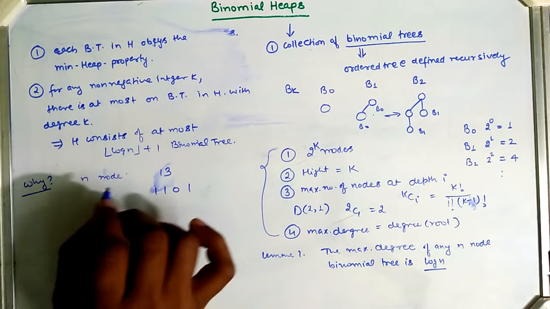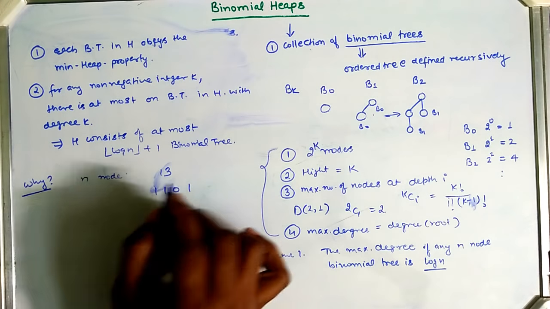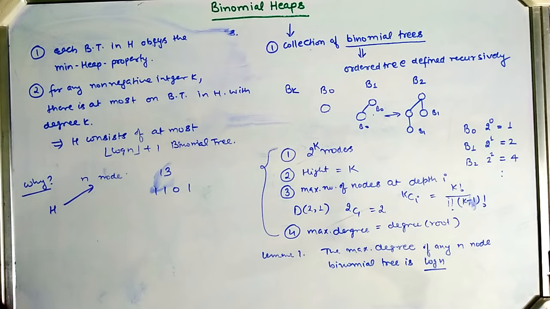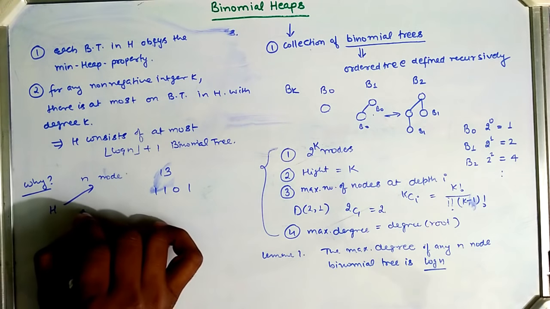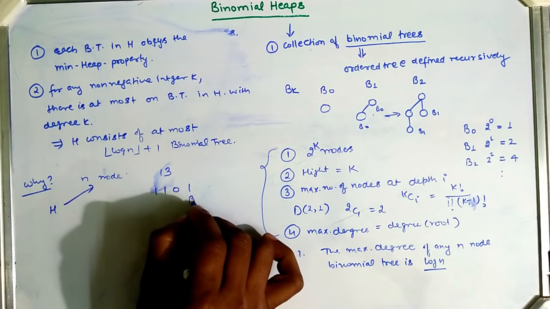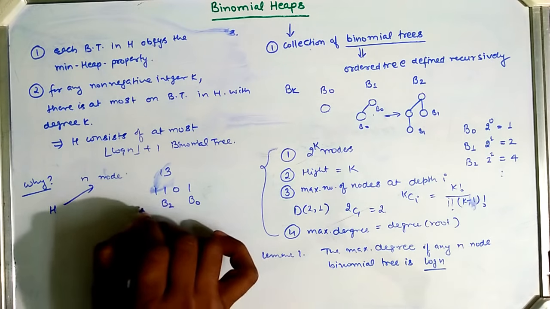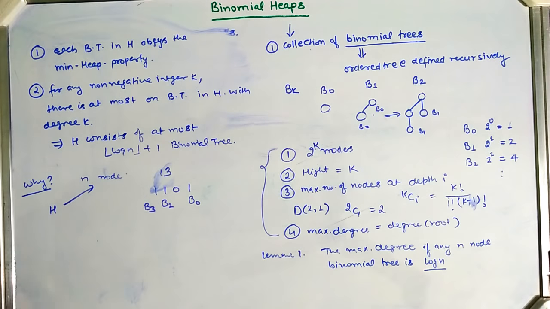In that case, I can say that in the binomial heap with n nodes, we can have only b0, b2 and b3 binomial trees.